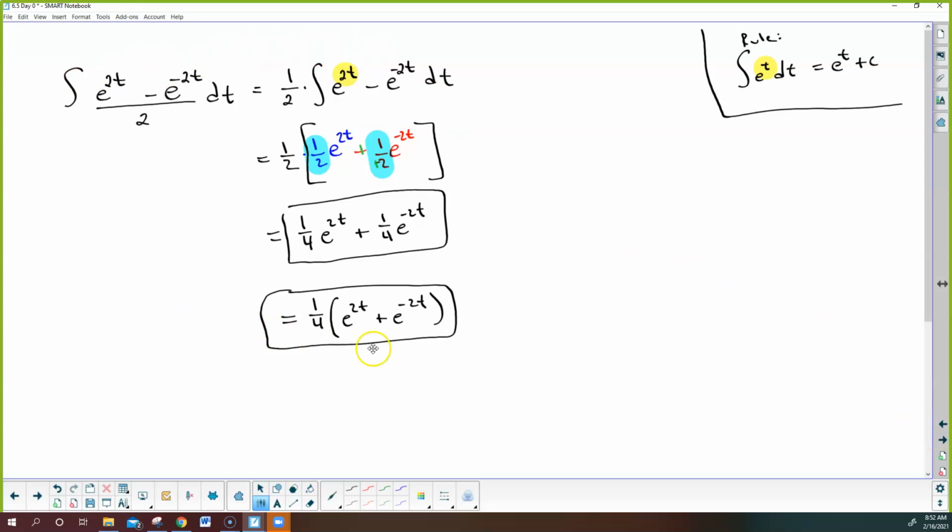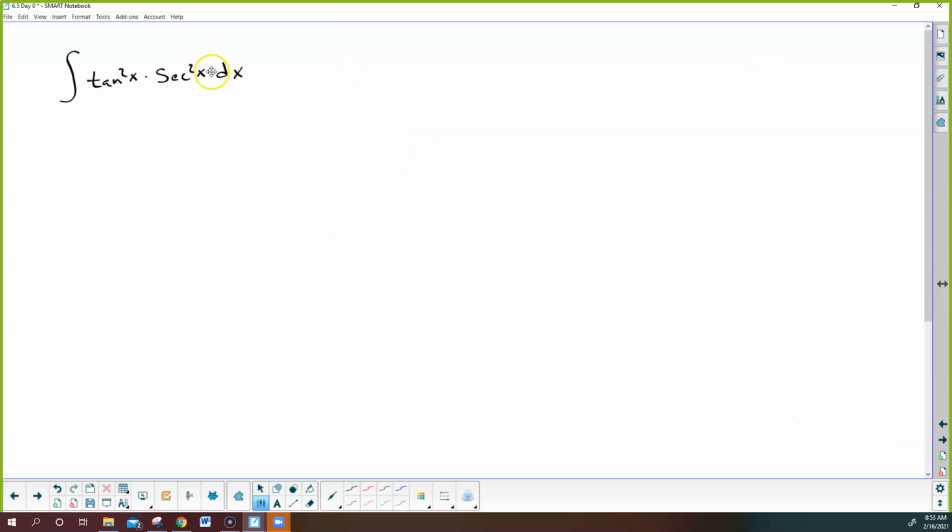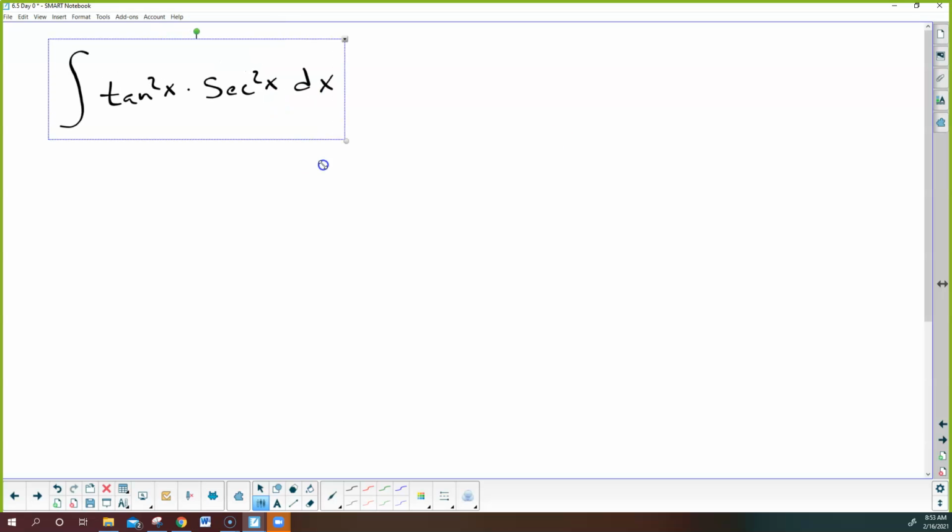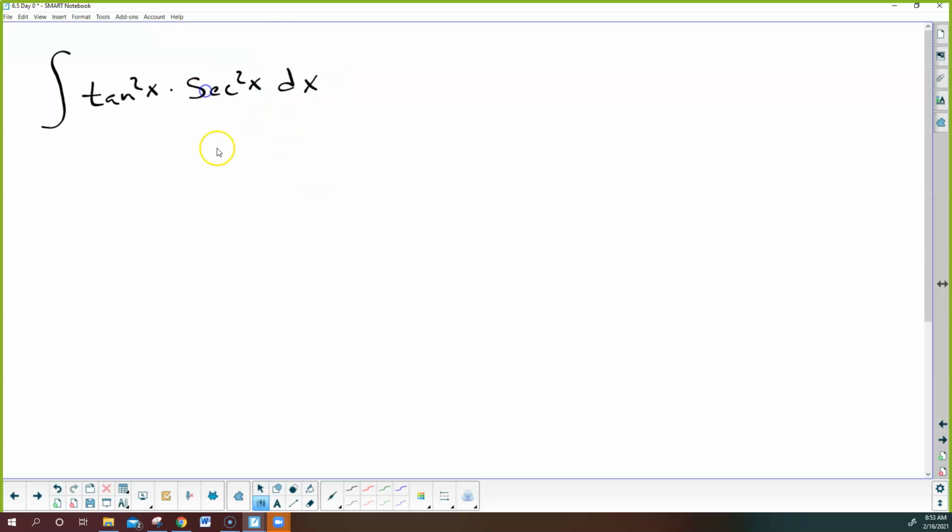So, if this problem frustrated you a little bit, that's okay. It was meant to do that. It was meant to say, we don't have this exact rule because I had a 2t and a negative 2t. And how do we get those coefficients out in front? Now you can think of undoing the derivative of those, and guess and check will work for this one. But what about our last one here today? Okay.